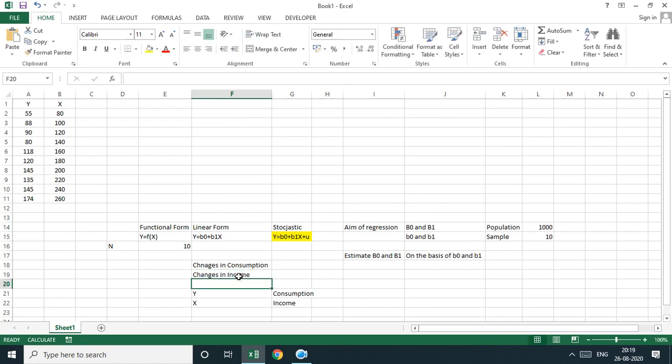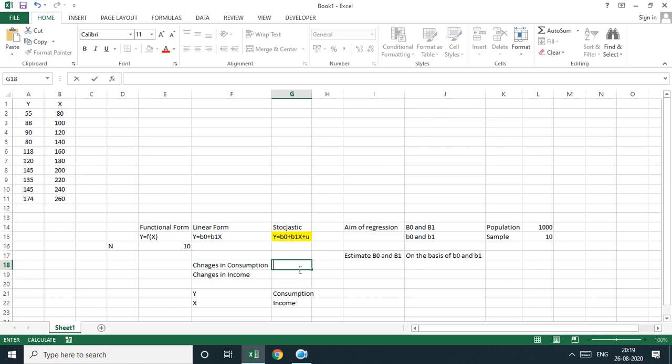So our aim is to estimate the changes in consumption when there is a change in income. That means when there is a change in income, how much percentage change will be there in consumption. That is the major aim of finding the regression. So how can we find out the change in consumption due to a change in income? It's nothing but the slope value.